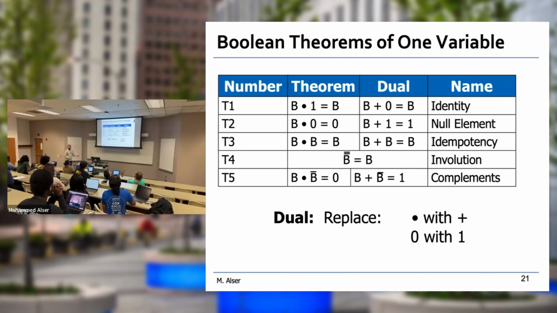This is algebra, right? Nothing magic over here. B plus 1, then 1 will dominate, then you have 1. B plus B equals B, right? Same story with the power 2. Here, there's no dot or plus or 0 and 1, so the duality would be exactly the same.